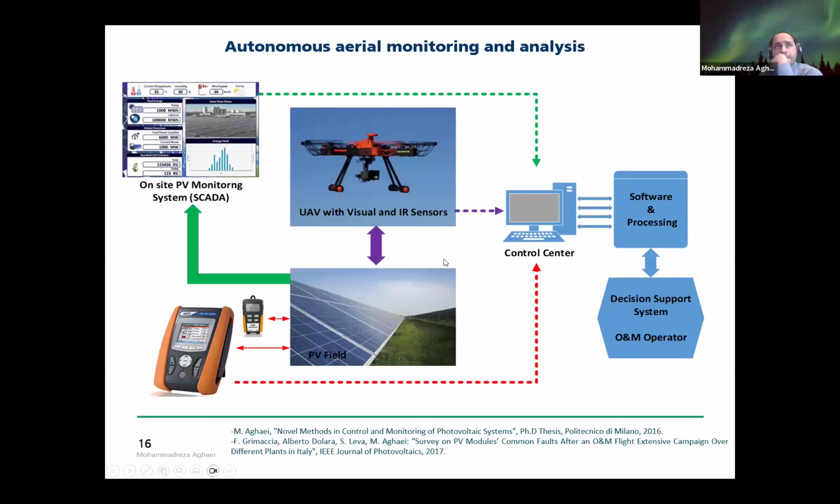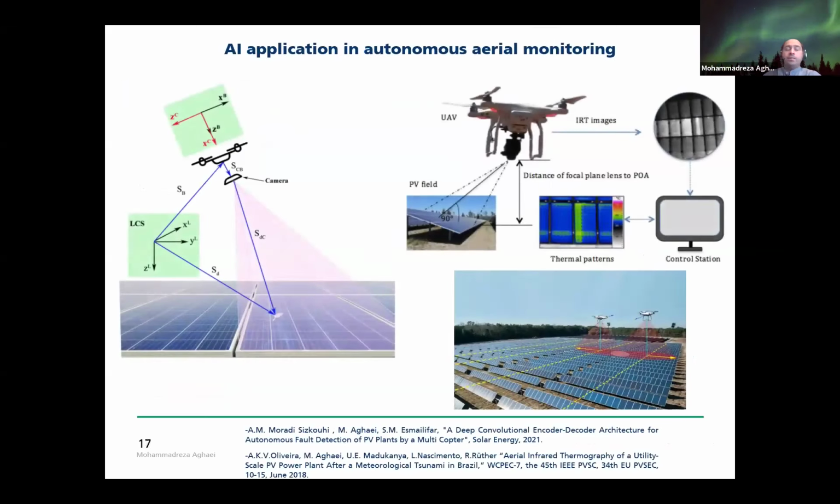Another example is related to autonomous aerial monitoring analysis. In order to facilitate the aerial inspection and make it fully autonomous, for use in larger scale plants, we applied AI technology to make the drone, the unmanned aerial vehicle, an autonomous UAV, in order to make the procedure of aerial inspection faster and of course accurate.